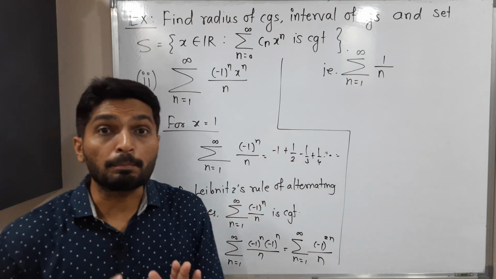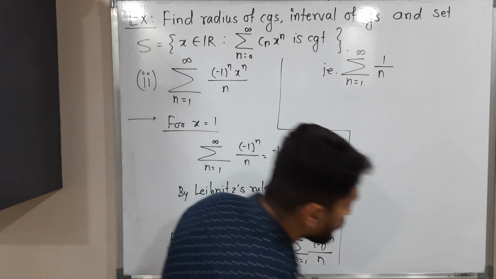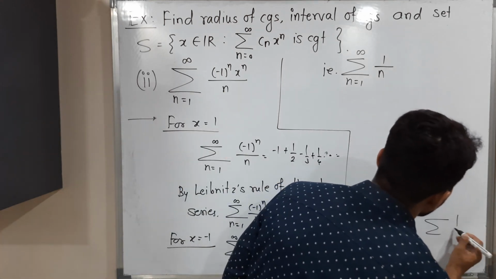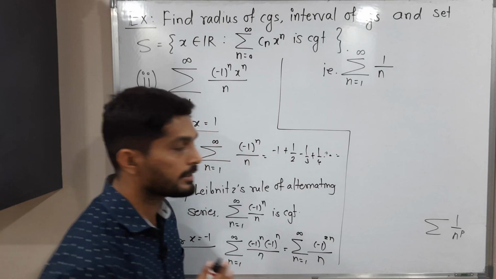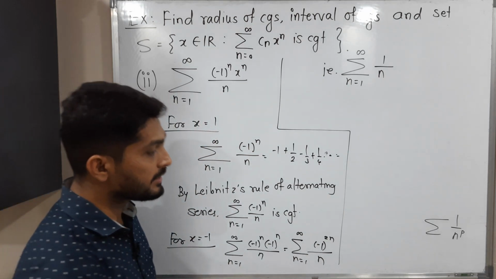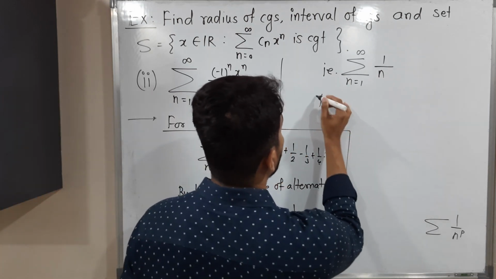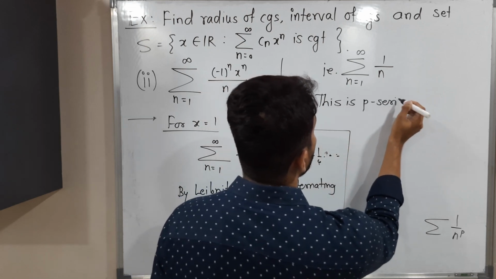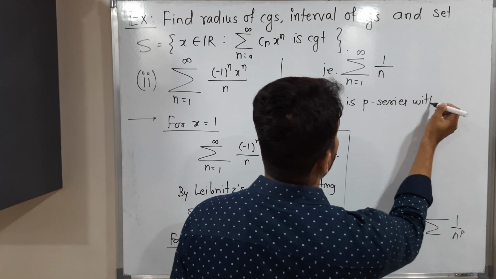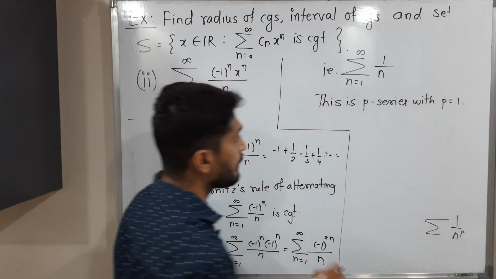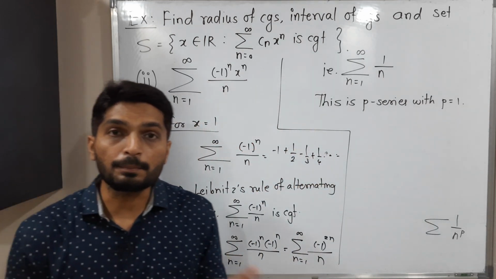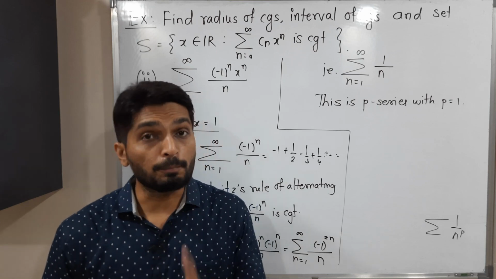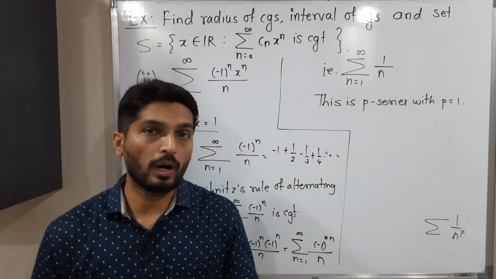So it's a P series. I have already told you, P series means 1 upon n raised to P. We call it a P series. Here it is a P series with P is equal to 1. I have already told you that the P series is convergent if P is greater than 1.